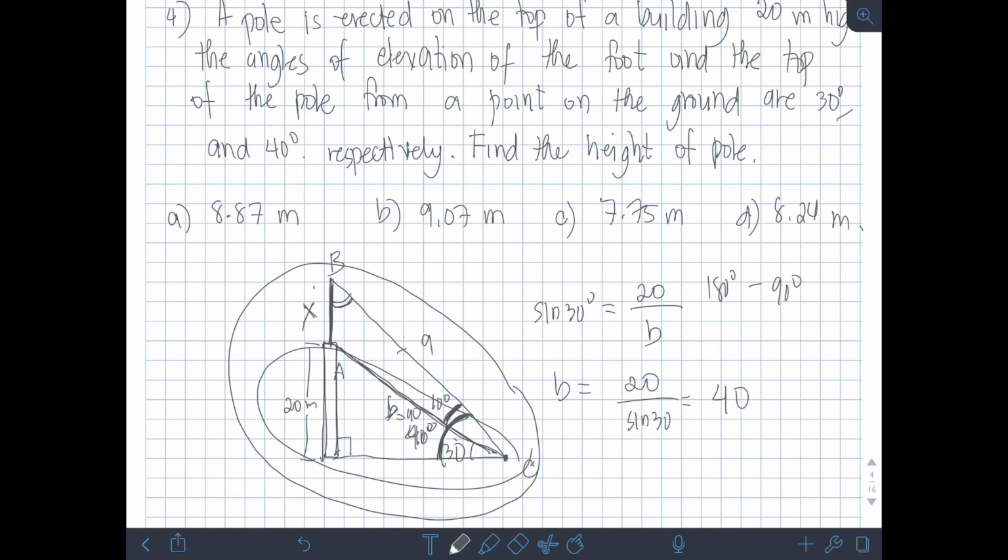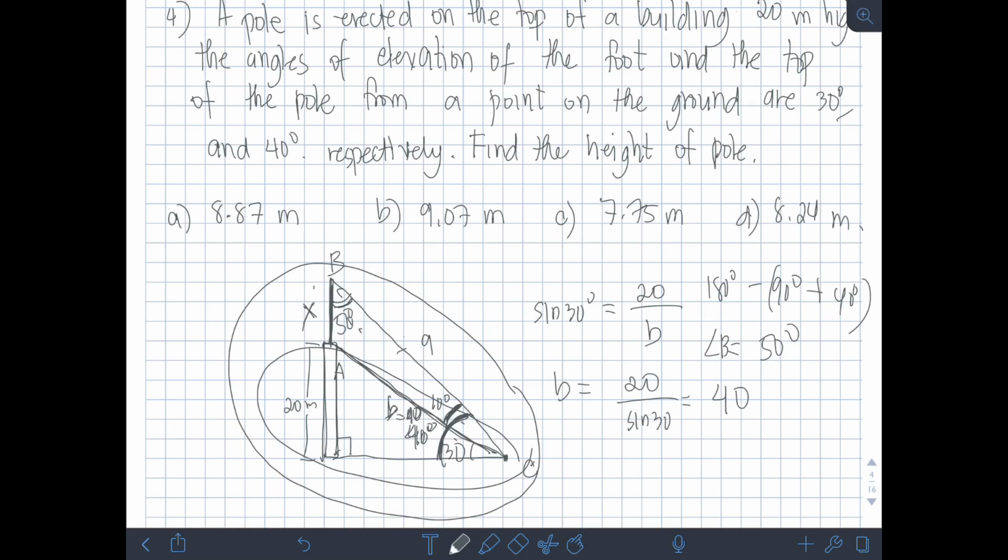Yung 90 degree plus itong 40 degree. So, ilan yun? 180 minus 90 minus 40 is 50 degree. So, therefore, si angle B is 50 degree. So, kung mapapansin nyo, meron na tayong dalawang angles, yung 50 tsaka 10, tas meron tayong isang given side na 40. Ito yon yung B.